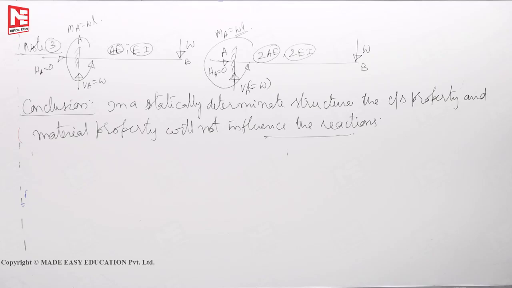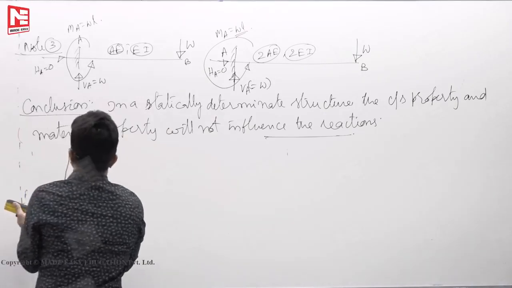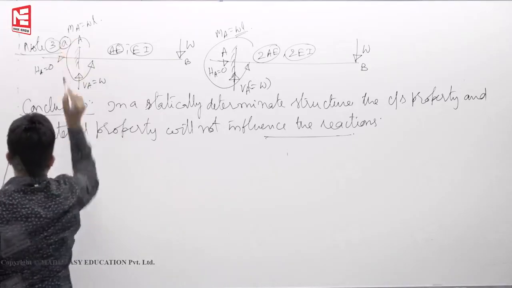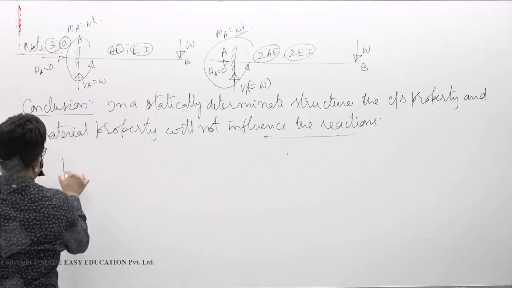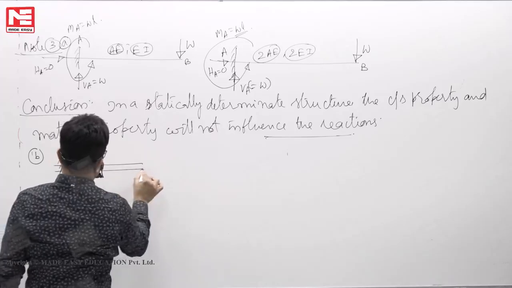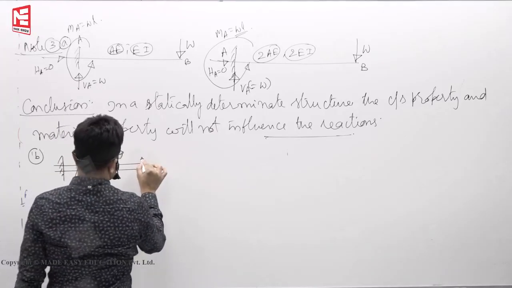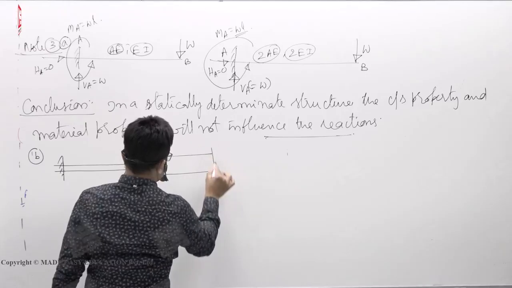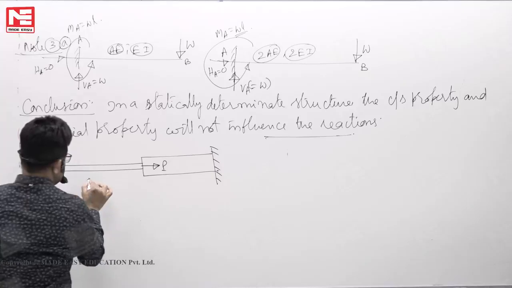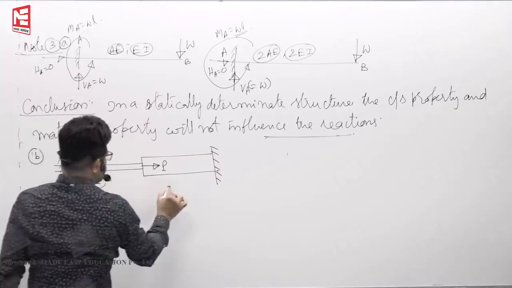After this we have studied the indeterminate structure. This is 3A, let us say 3B. What you have learned was this one. You apply load P. This is AE, this is 2AE.